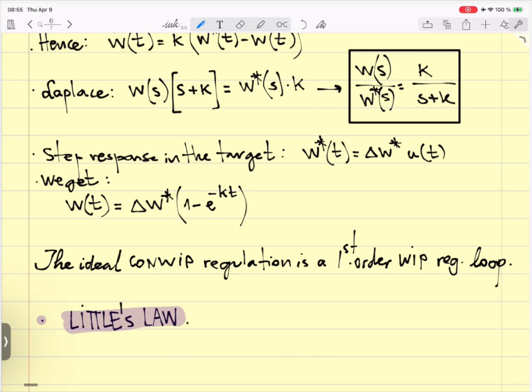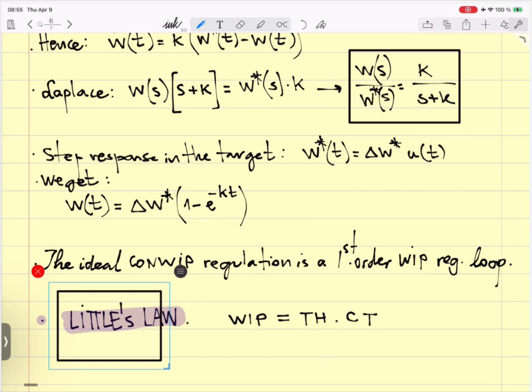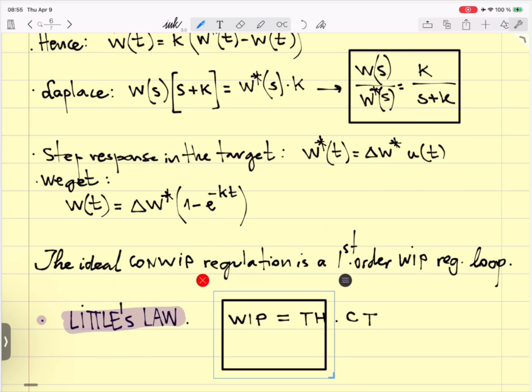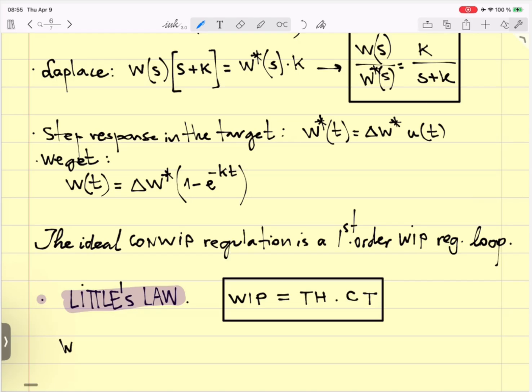Little's law states that work in progress is equal to throughput times cycle time. I write it again. Work in progress, or work in process, equals throughput.